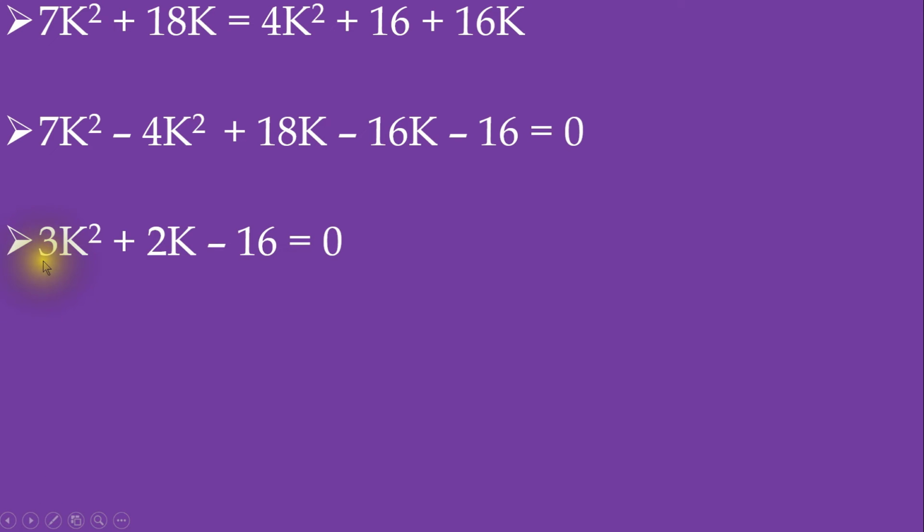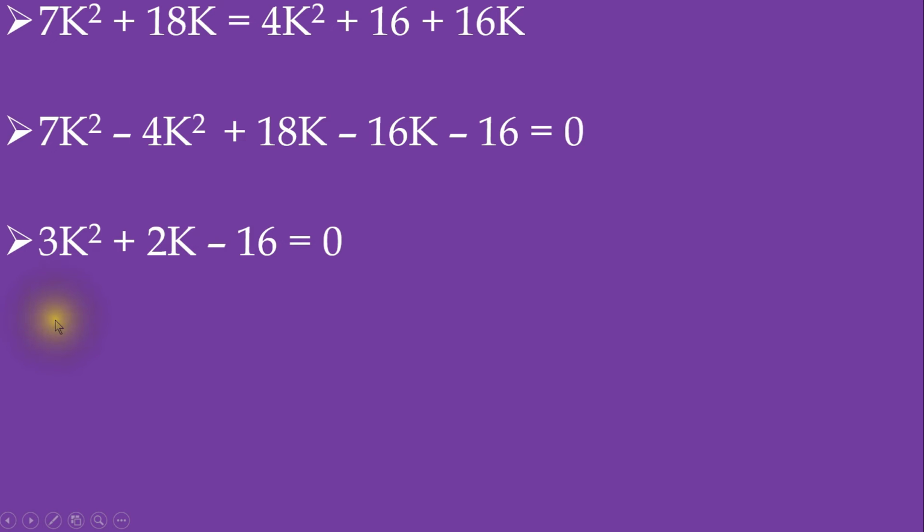Now you can see this 3k square plus 2k minus 16 is equal to 0 is in the form of a quadratic equation. By solving this equation, we are going to get the value of k. For that, we have to make a substitution for this 2k, which means we have to rewrite this 2k as 8k minus 6k because 8k minus 6k is 2k.